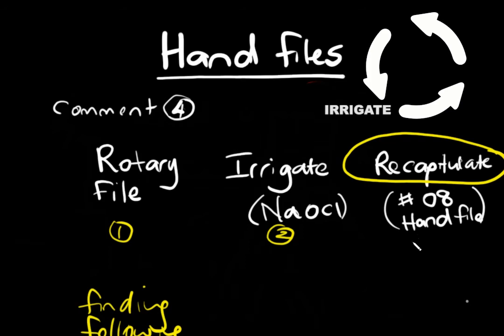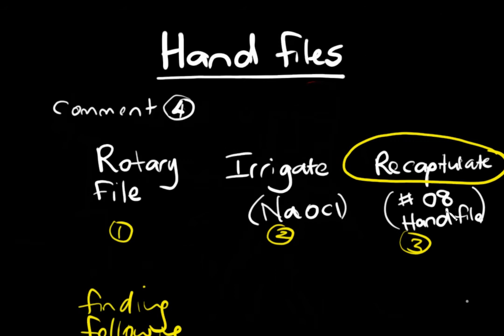And then 3, you should take a small 08 hand file and just wiggle it round in the large canal, because obviously you're using rotary now and it's larger than an 08 file, and take it down to your working length, which I'm going to discuss next, and pass it just through the minor foramen, which I am also going to discuss next.